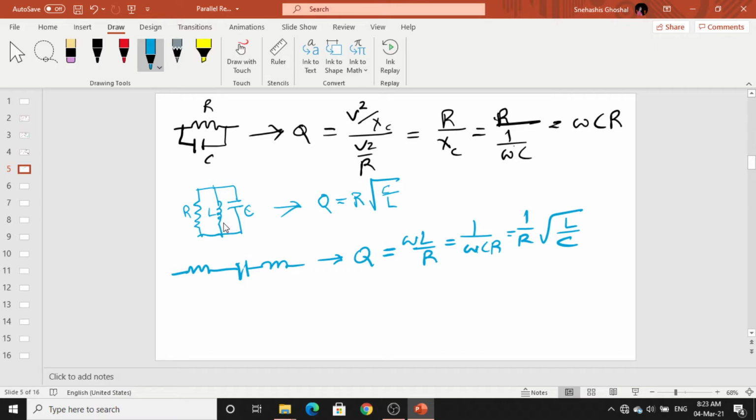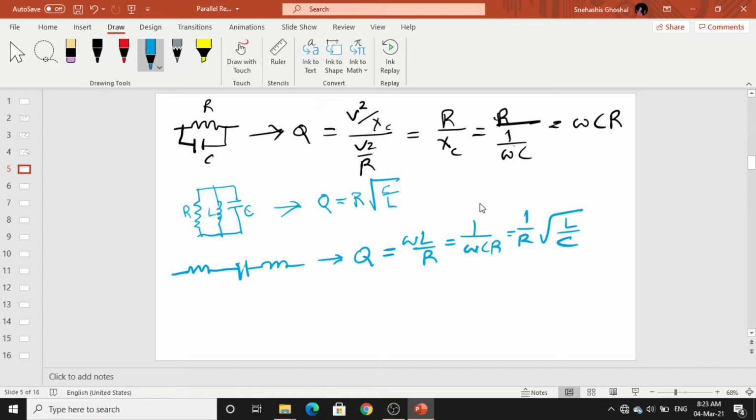For an RLC parallel network, R is represented by 1 by R, L represented by C and C represented by L. So they are dual to each other. So that is the formula. Clear? So this is the scenario that happens in a parallel network, unlike the same in a series network.